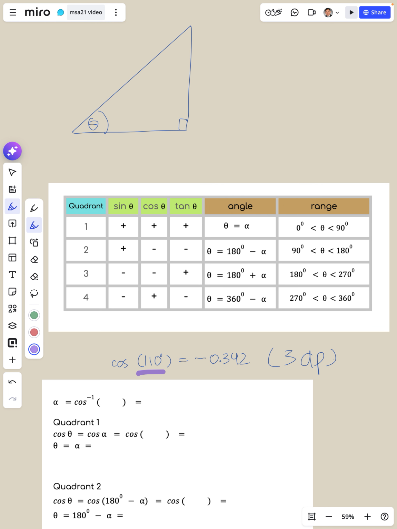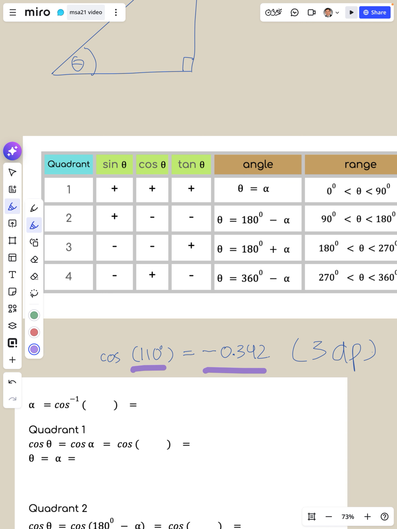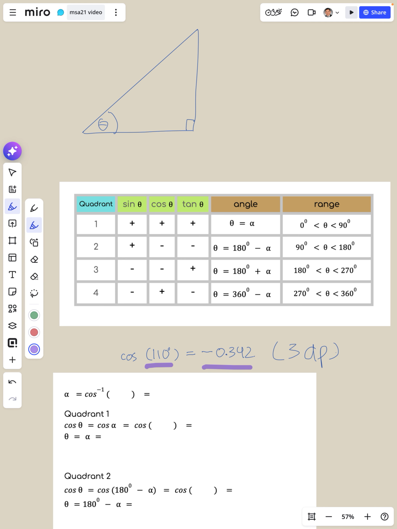The information given is cosine 110 equals negative 0.342. You can verify this using a calculator. And we were asked to find the other 4 angles with the value of either positive or negative 0.342 in each quadrant.